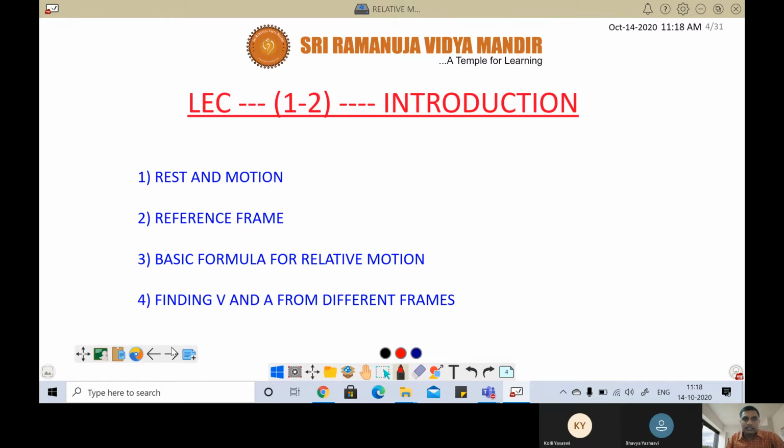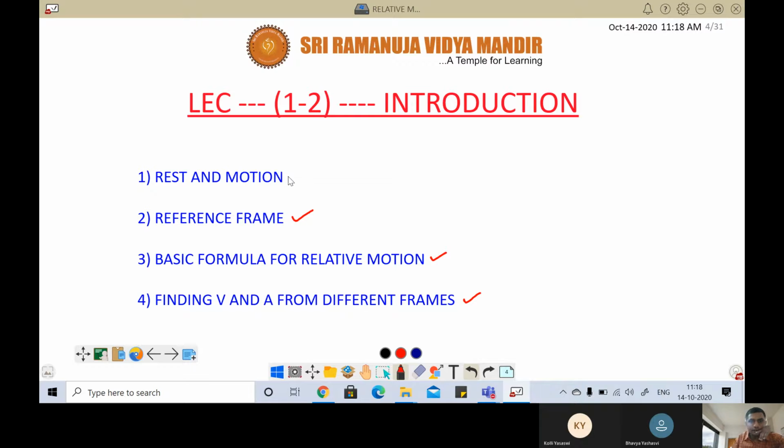In lectures 1 to 2 I covered the introduction, where first I started with rest and motion, then what is meant by reference frame, then the basic formula for relative motion, and finding out velocity and acceleration from different frames. Correct or not?